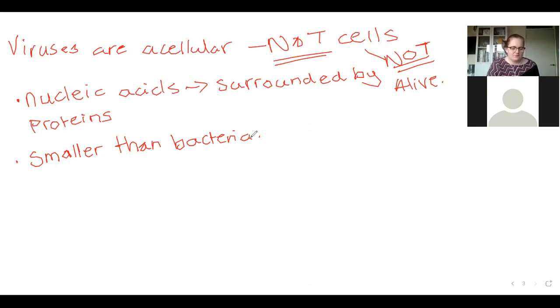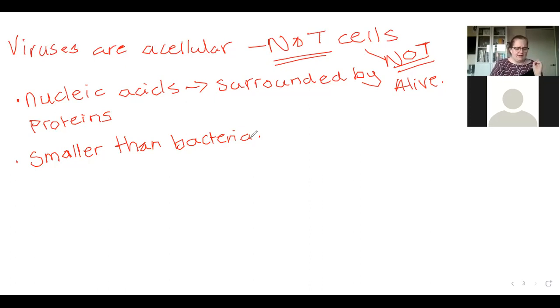Unlike bacteria, they have no plasma membrane, no cytoplasm, no ribosomes. Not surprising because they are acellular. They are not cells, so they are not going to have a membrane, a cytoplasm, or ribosomes.